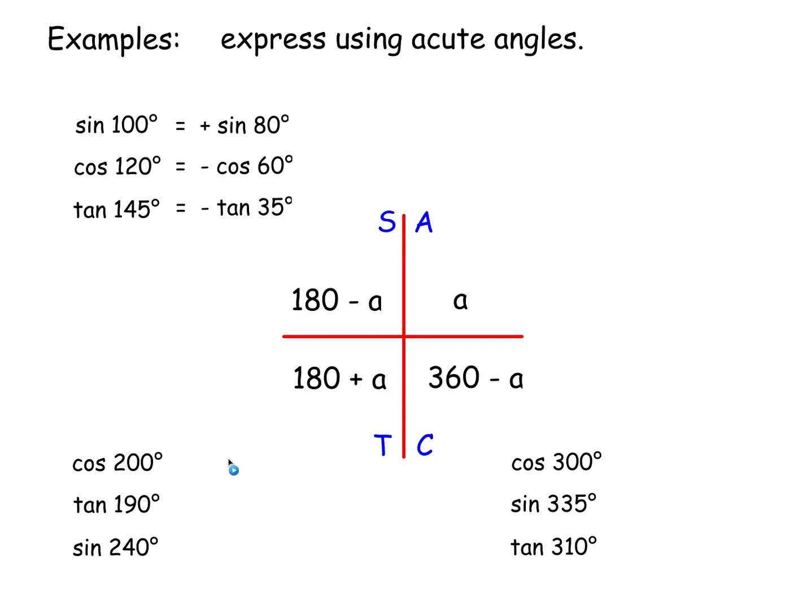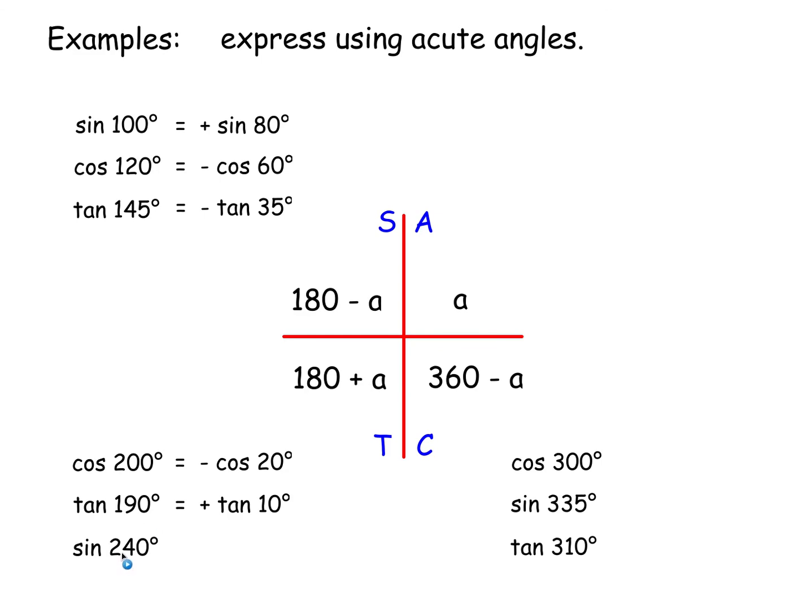It tells you the tangent's positive, the cosine's negative. Tangent 190, turn around 190. A is 10. 180 plus 10 makes 190. So tan 190 is the same as tan 10. Tangent's positive here, so it's positive tan 10. And in this quadrant, 240 takes you right around 60 beyond 180. 180 plus 60.